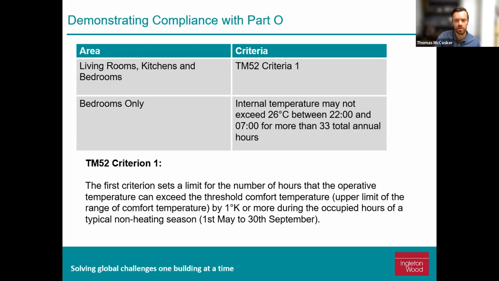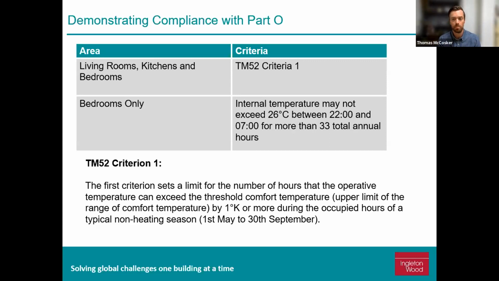The first assessment is taken from TM52 and looks at the number of hours the operative temperature, which is the temperature inside, exceeds the threshold temperature for the season. It's worth noting that it is a threshold temperature, it's not a fixed temperature. Because people are able to tolerate warmer temperatures in the summer than they are in the winter, that fluctuates depending on the external temperatures and the design conditions.